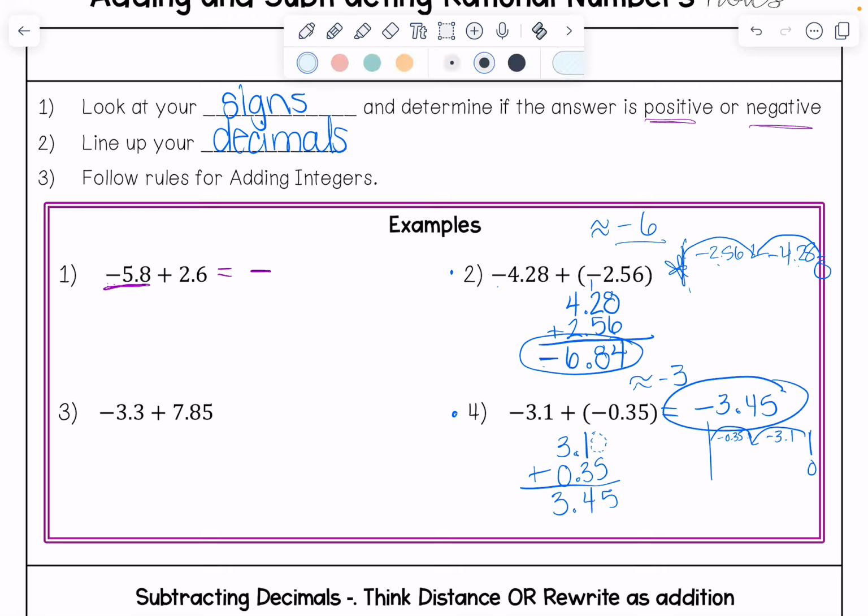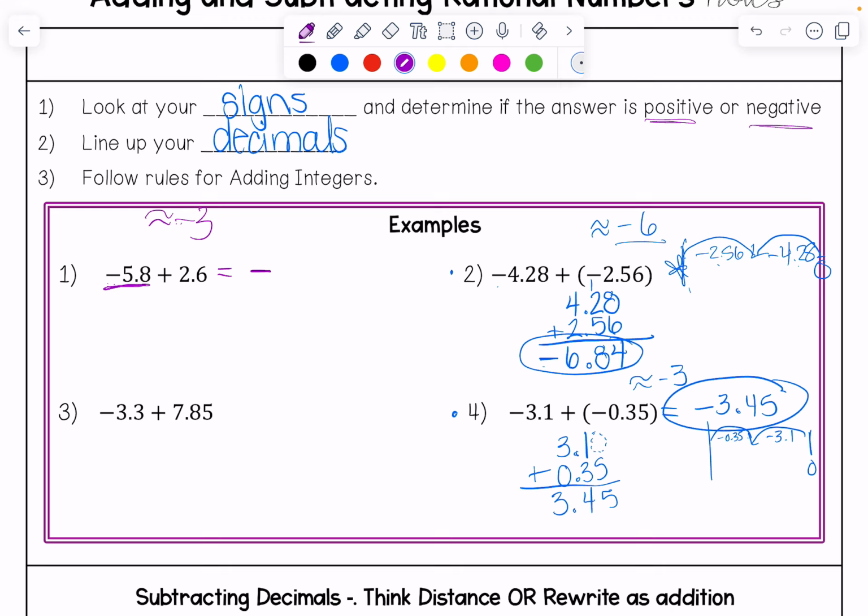We can also do a quick little estimation here. Let's just pretend that we don't have our decimals. -5 plus 2, well, that would be about -3. So my answer is going to be somewhere around -3. So now let's actually do it.